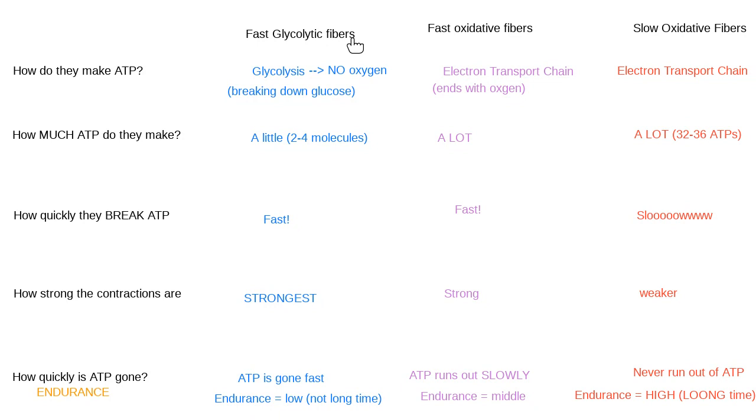The initial start right off the block is probably your fast glycolytic fibers that get you started right away, and then those fast oxidative ones would probably kick over. And if you happen to be running a marathon, we would definitely want those slow oxidative fibers to be active during that time.